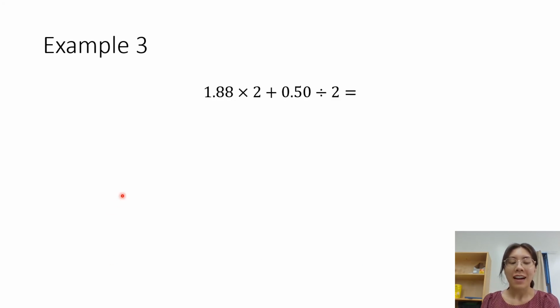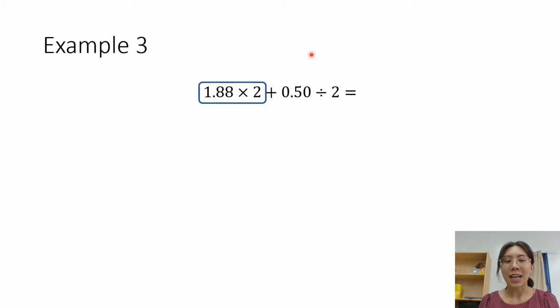Okay, our third example, we have 1.88 multiplied by 2 plus 0.50 divided by 2. Now, in this equation, we don't have any brackets, but following brackets, we have multiplication and division. In the term BEDMAS, division comes before multiplication, but it depends on which one shows up first.